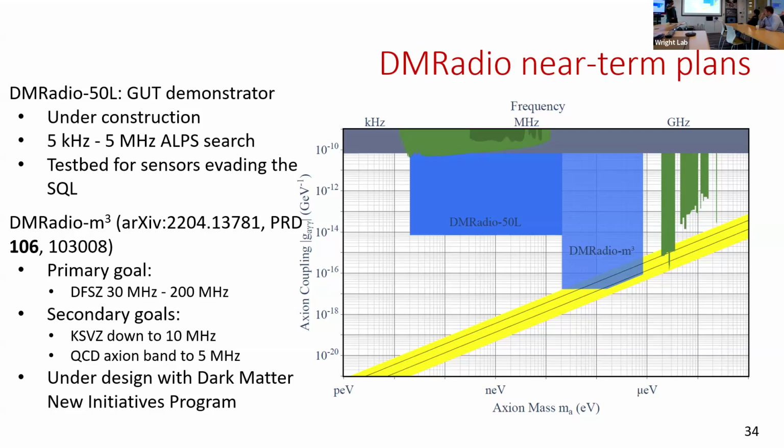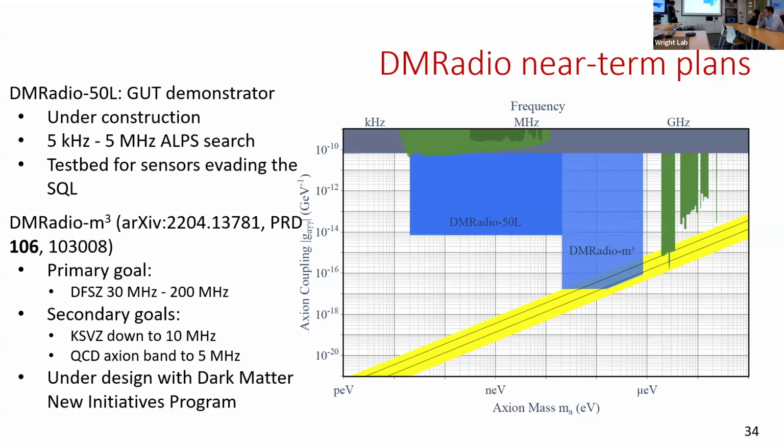As you'll notice, it won't get down to the QCD axion line, but it will still probe a wide swath of axion-like particle parameter space, and very importantly, it will be a test bed for the sensors going beyond the standard quantum limit that are absolutely necessary for doing a GUT scale axion search. Doing a GUT scale axion search is basically saying we want to take this line here and push it all the way down to the yellow line here.